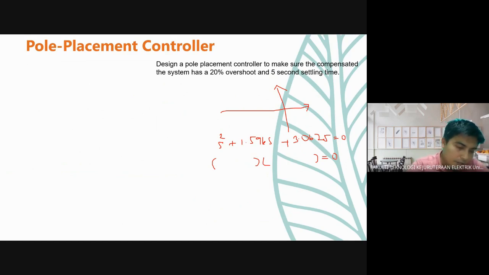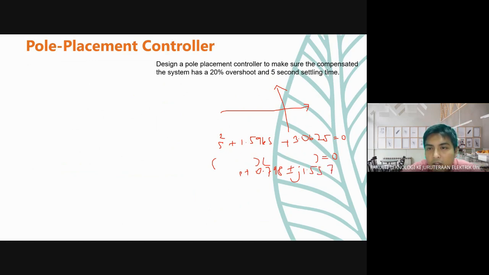So equation, try to calculate the poles here. 1.596, 3.0625. So you get the pole at s plus 0.798 plus minus j1.557.